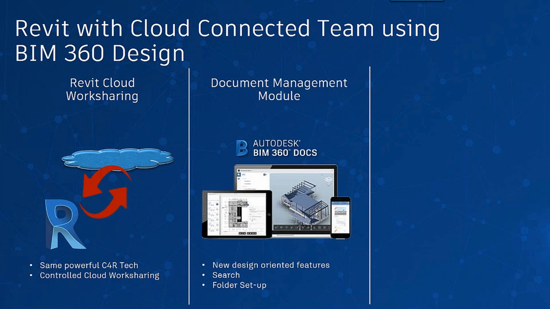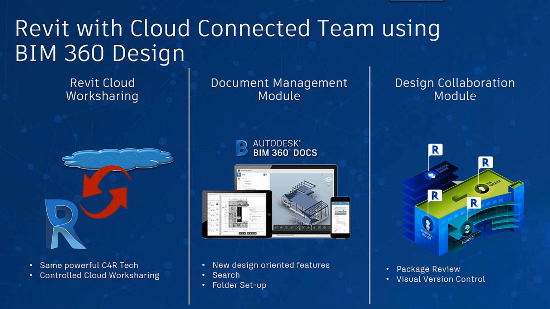And BIM 360 Docs is basically the storage mechanism for the cloud sharing, and Docs is connectable via mobile, tablet, and your web browser on your PC, and supports both Android and iOS, giving more people access to your design data, whether it's 2D or 3D, so whether it's the 2D documentations from within inside of Revit or whether it's the 3D environment that you're trying to share with people, giving you an overall better connected team, whether that team is the actual design team or whether it's the client who's looking at your design for review potentially.